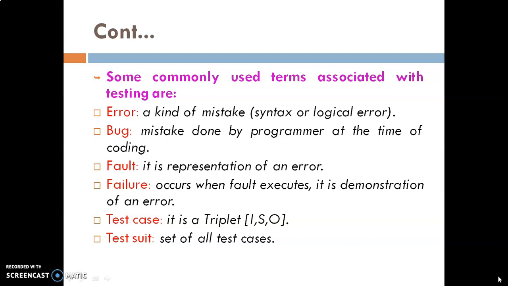Then failure. Failure occurs when a fault executes. It is a demonstration of an error. Then test cases, like a triplet, and the test suite, that is all test cases.